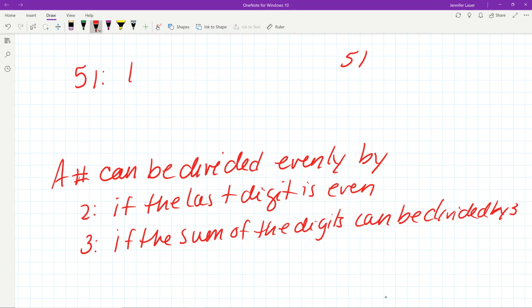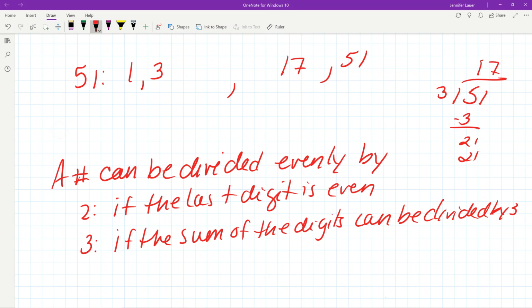Well, 6 is divisible by 3. So I'd have to figure out how many times 3 goes into 51. And this goes in 17 times. And lo and behold, it does work out. So the factors of 51 are going to be 1, 3, 17, and 51.